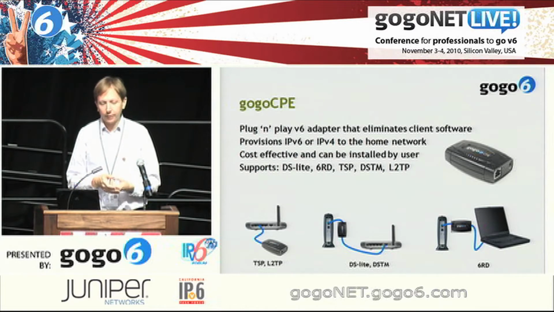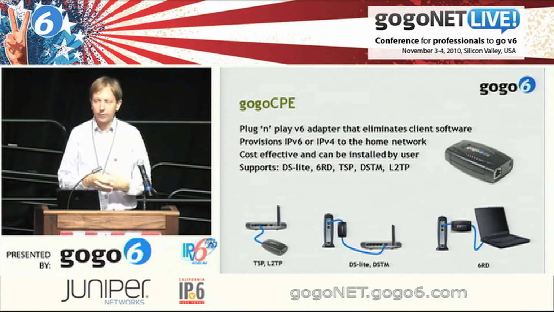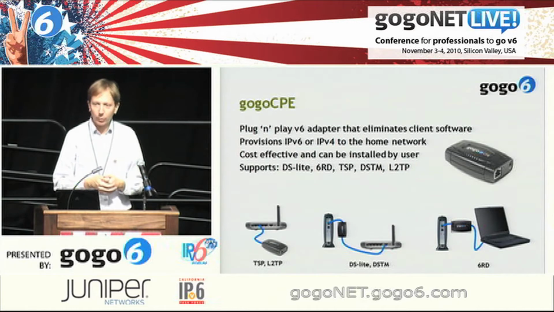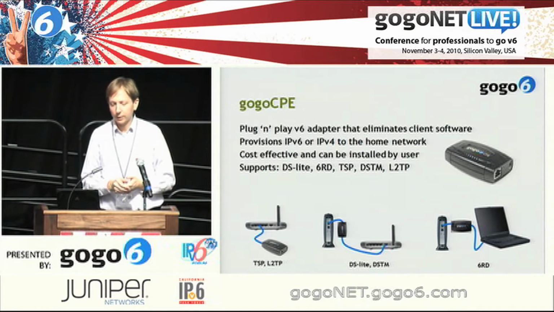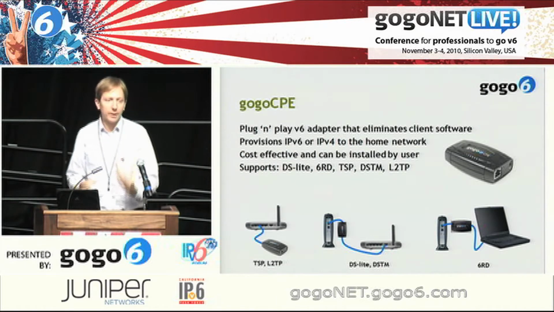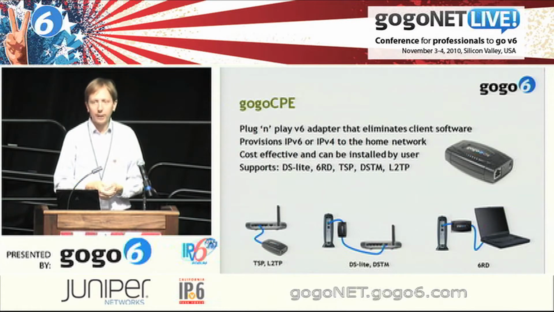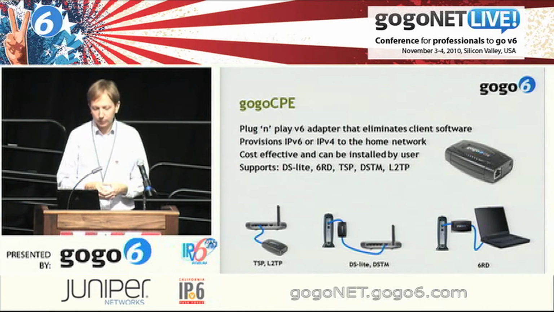So it's pre-configured. You ship it out as an operator to your customer. You plug it into an existing network, and it connects to the best available tunnel server and provides you IPv6. This is to minimize the effort of an actual user to set up anything. I think we mentioned before that the home router is an issue in getting IPv6 out there.